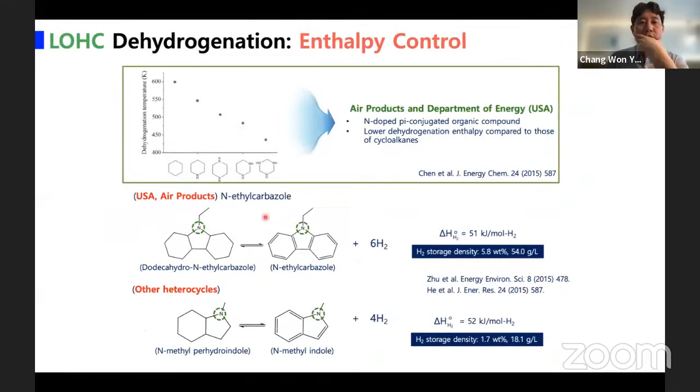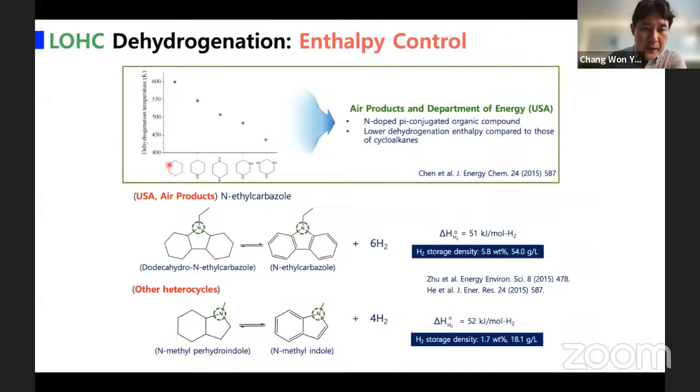And one of the issues for LOHC is that dehydrogenation actually requires a lot of energy. That's the problem.